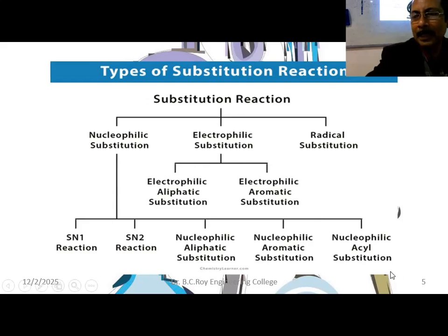The nucleophilic acyl substitution. Acyl group is a CH3CO type of group; RCO group is called acyl group. If you do the Friedel-Crafts reaction in benzene, do you remember? Benzene ring plus CH3Cl plus anhydrous AlCl3, what do you get? Toluene. Similarly, if you take benzene ring plus CH3COCl plus anhydrous AlCl3, COCH3 will be attached to the benzene.